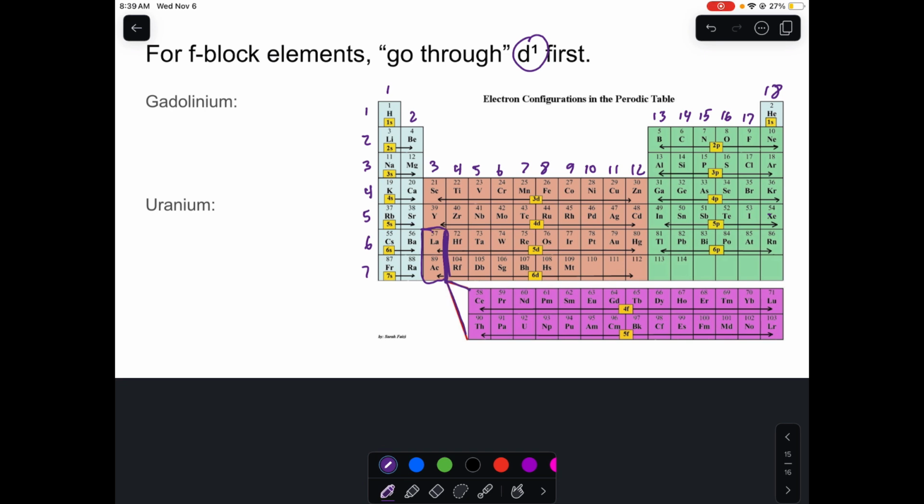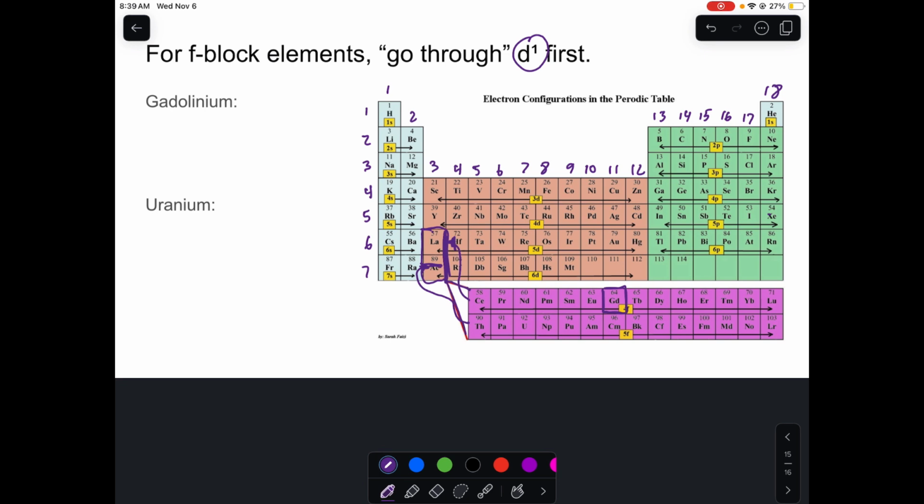Okay, so let's go ahead and write the configuration for gadolinium. Right here it is, 64. So what is our most previous noble gas? Well, we have to imagine that this row is right in here.